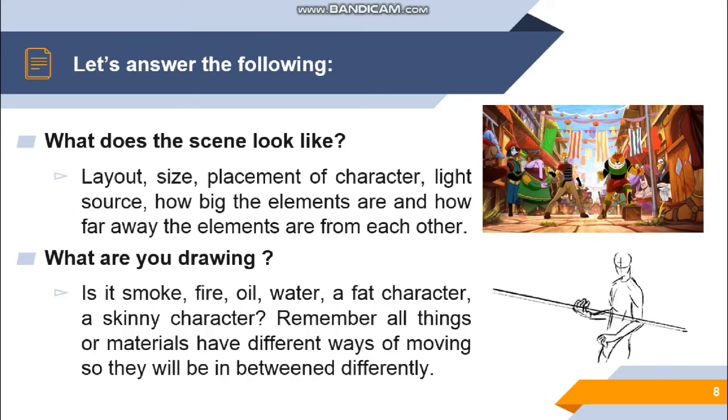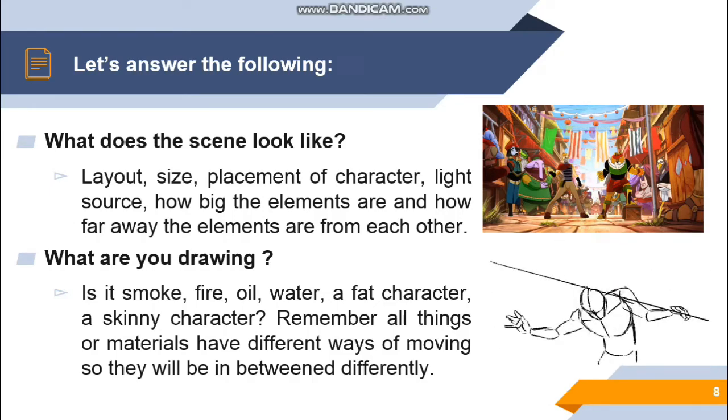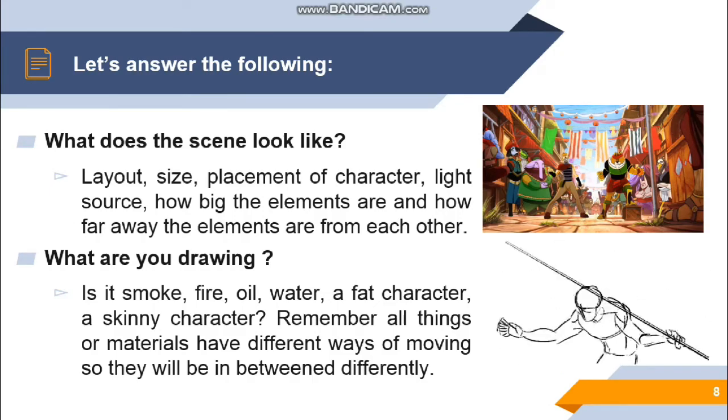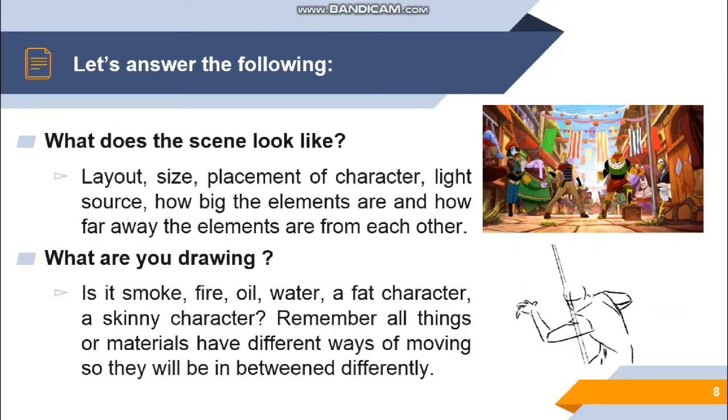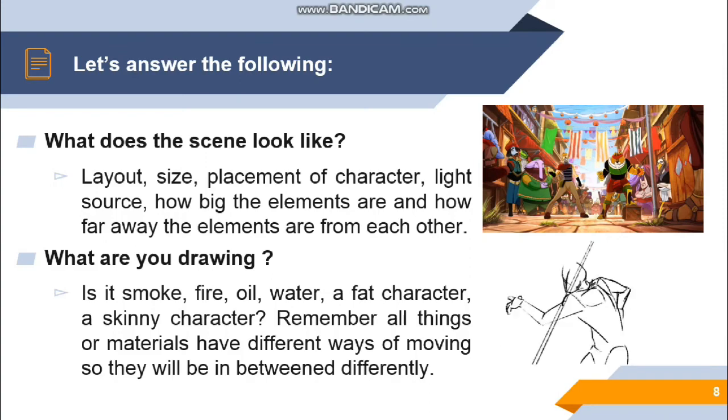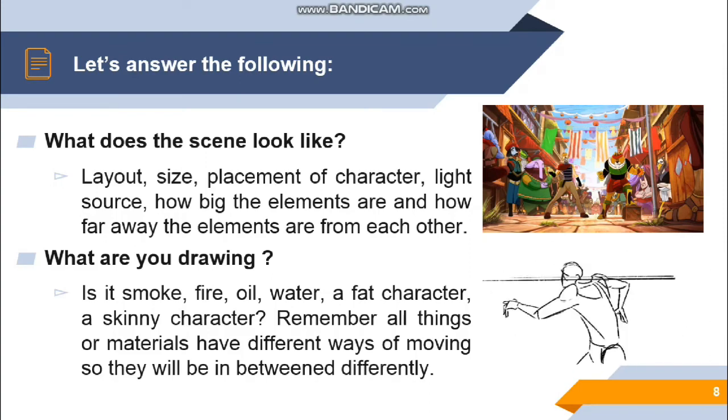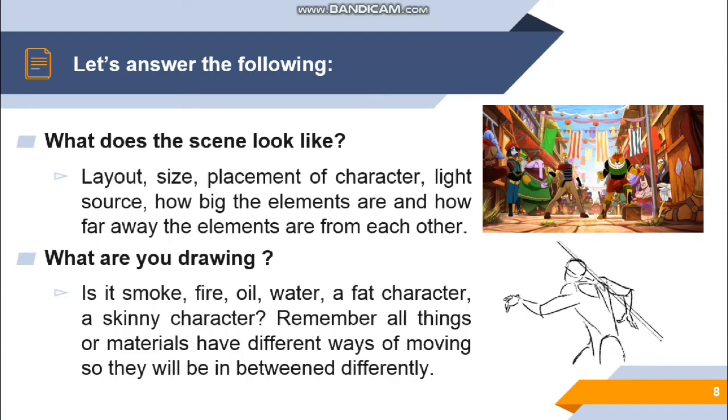Each of our characters will have different movements, especially with different body types, and even with the different materials and objects that you will be using. They will have several actions based on their uses.